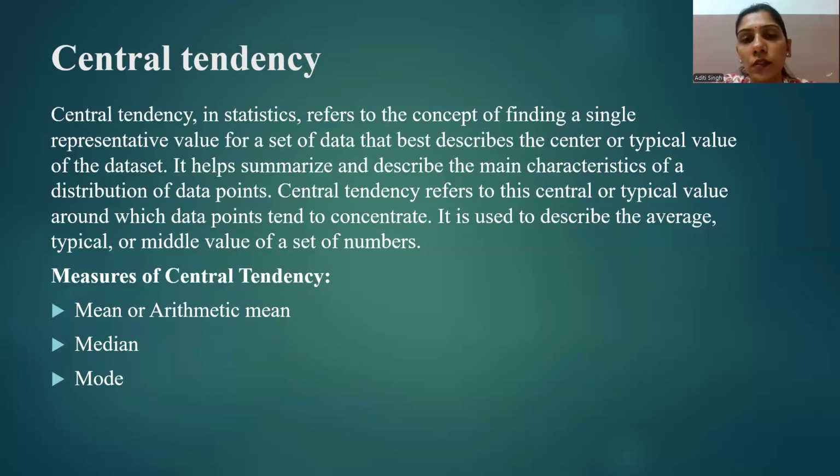This descriptive statistics we have also discussed in our previous lectures. In the previous unit, we discussed classification, tabulation, and the graphical representation of data. But in the present unit, we will discuss the measures of central tendency with the help of mean, median, and mode.